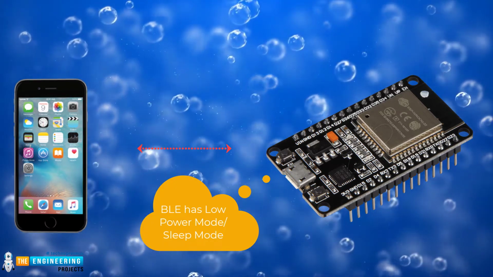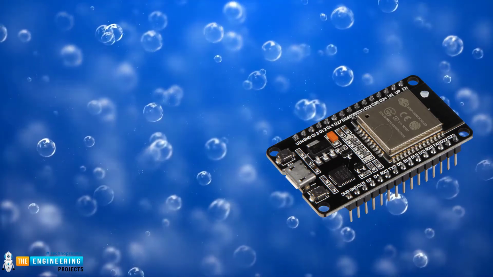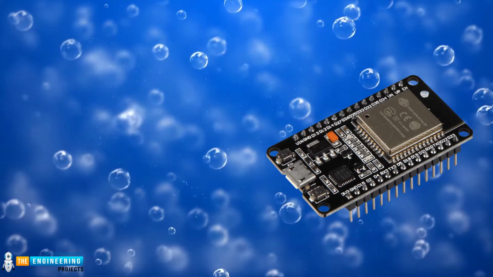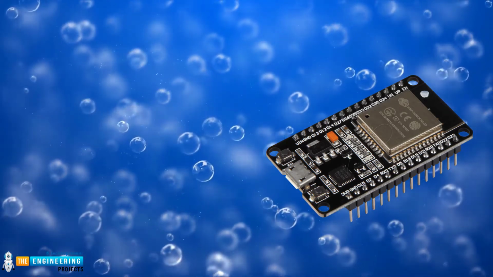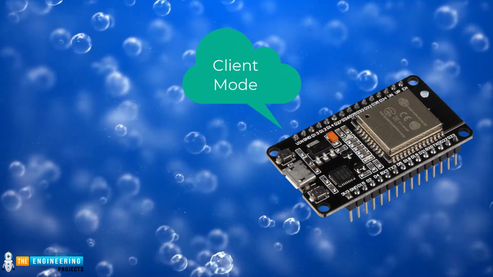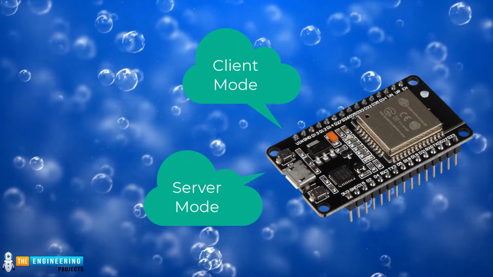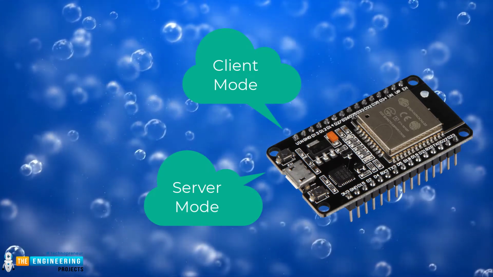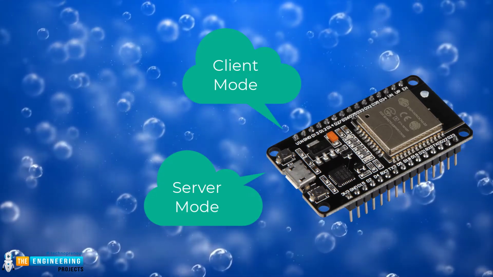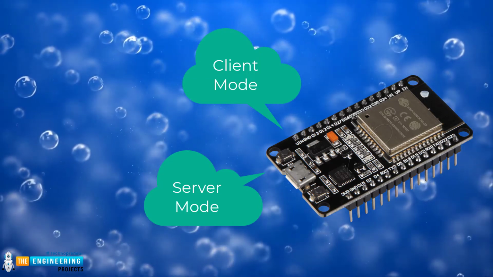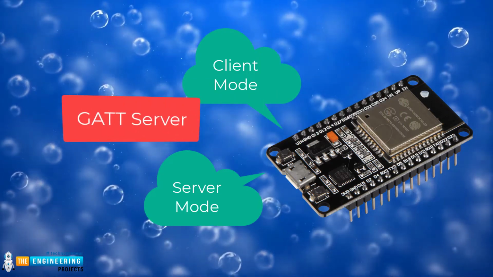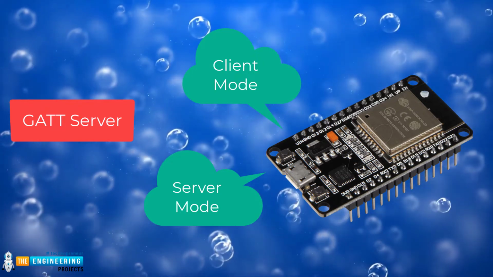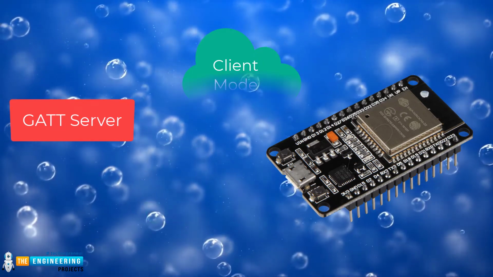Now, before moving towards the programming part, let's first understand the working of Bluetooth Low Energy. BLE follows the client and server communication model where ESP32 can either be configured as a server or as a client. It follows the hierarchical data structure defined by the GATT server, where GATT stands for generic attributes.